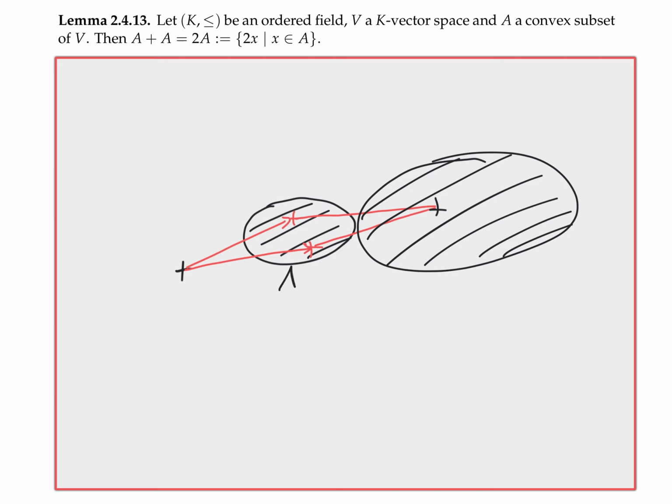So that's A, and that's A plus A. And the thing is that I can get each point here also just by taking 2 times a vector from here.